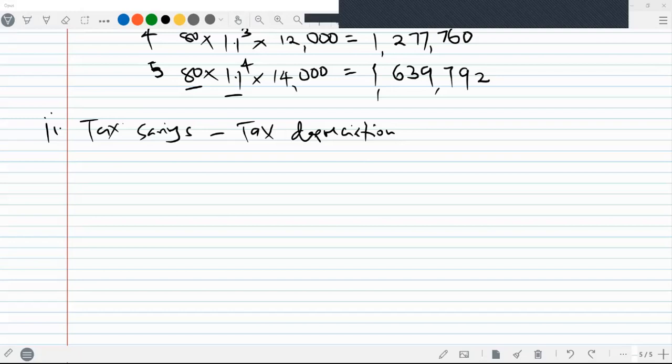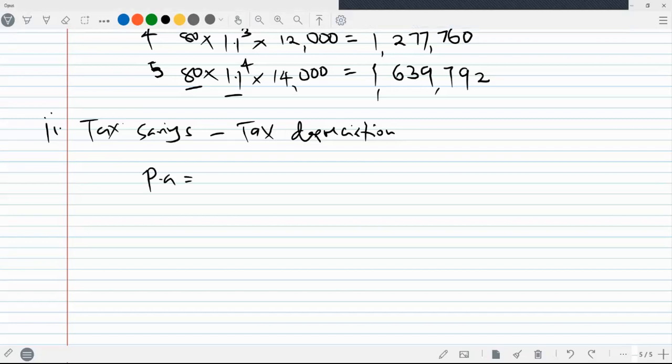Okay, so you'll be told that this machine is going to cost 5 million, and we are going to incur a cost of $500,000 towards installation. At the end of its life, we're going to dispose of it and earn 1 million. So maybe you can have a small bucket here, the initial machine cost.